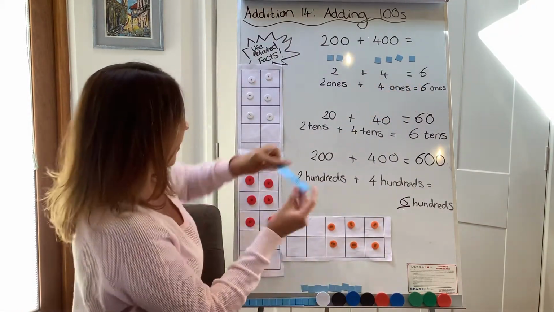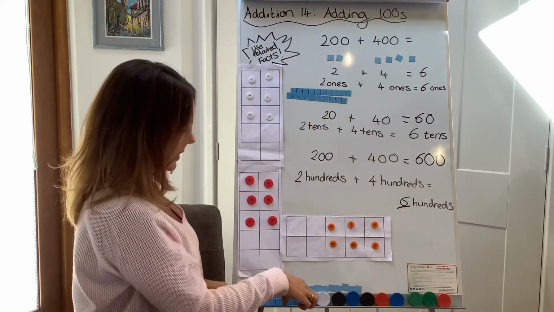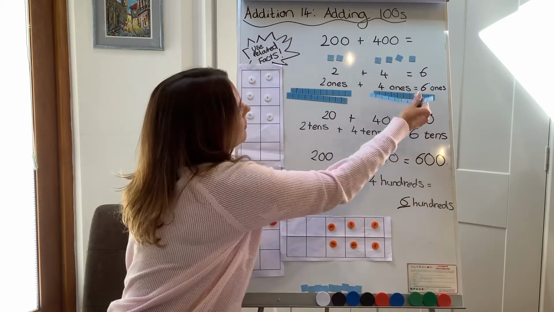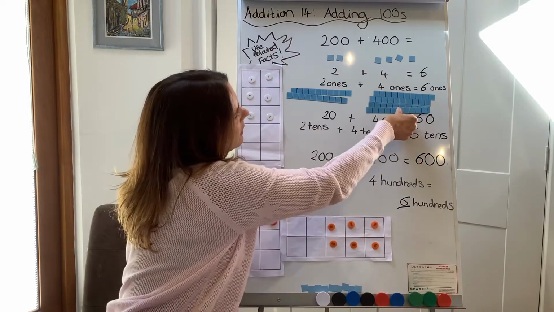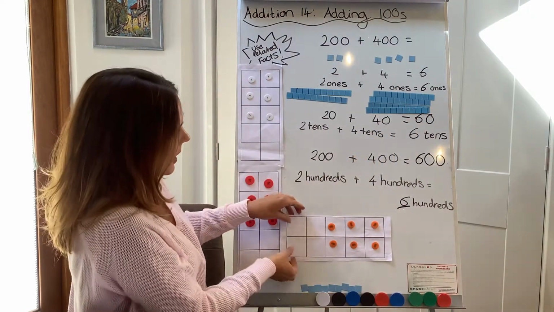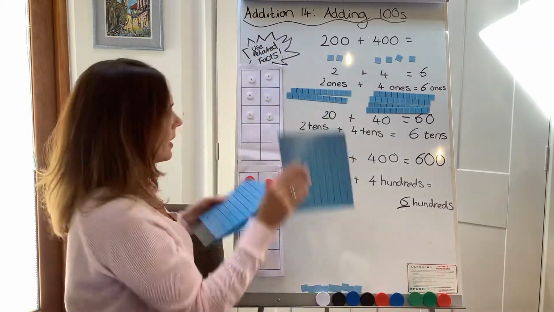That means if we come to make it 10 times bigger, 20 and 40 is equal to 60, and 200 and 400 is equal to 600.